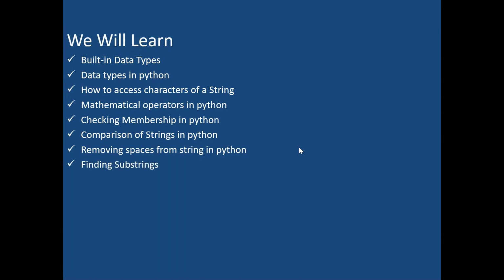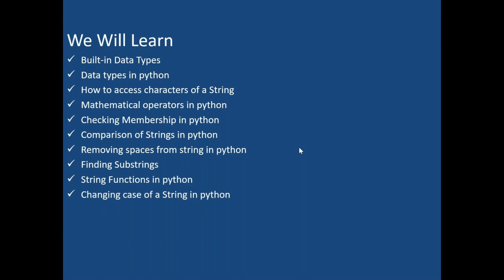We will learn finding substrings. So for example, in Ramakrishna, is Ram available or not? You can find out using find and index. There are two things we can use to find out. There are other string functions we can learn: how to replace, how to split, how to know the length of the string, and all those things.